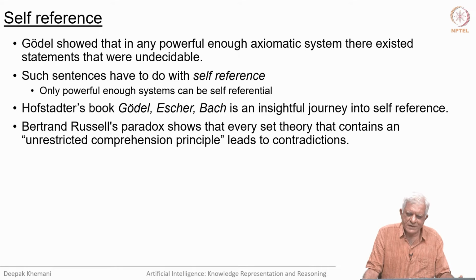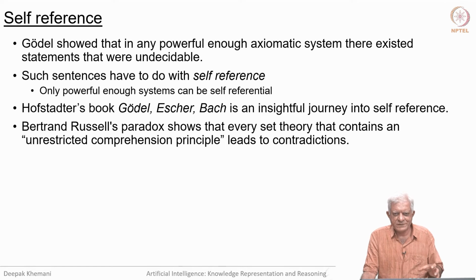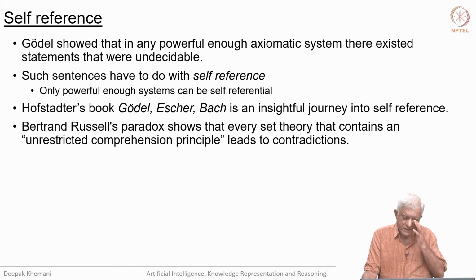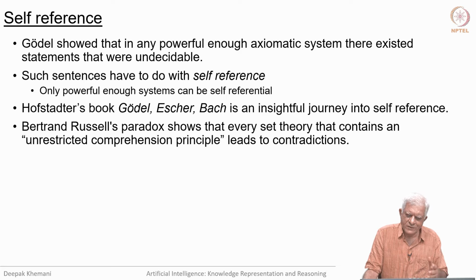Bertrand Russell was one of the people who was involved in formalizing all of mathematics. He wrote the Principia Mathematica and so on. But he also recognized that there were certain things that would lead to contradictions. So, he has this paradox which shows that every set theory that contains an unrestricted comprehension principle, can a set be a member of itself, for example.